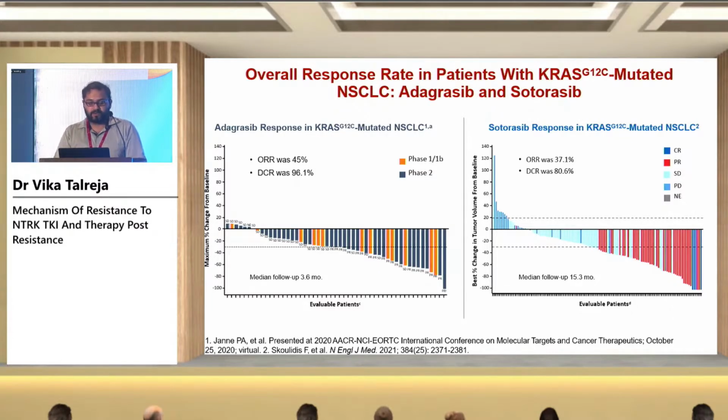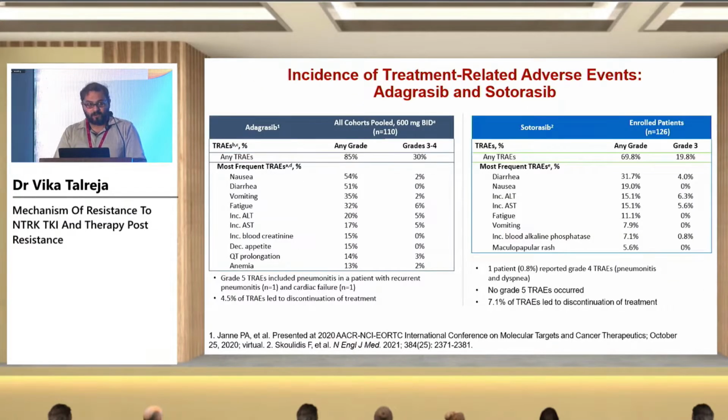The disease control rate, which includes stable disease, was 96.1% with adagrasib, and with sotorasib it was around 80.6%, meaning very promising options. The side effect profile is really manageable: nausea, diarrhea, vomiting, fatigue, transaminitis, increased creatinine levels, and QTc prolongation, with only 4.5% leading to discontinuation of treatment.